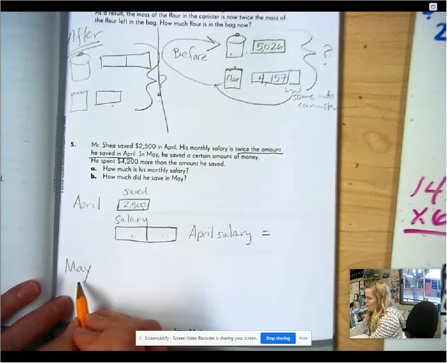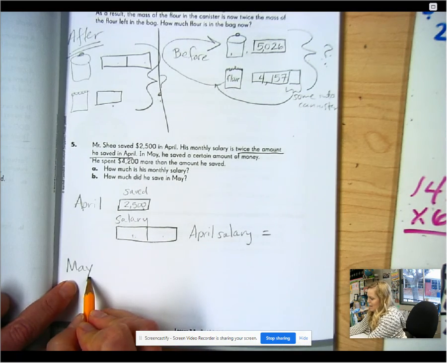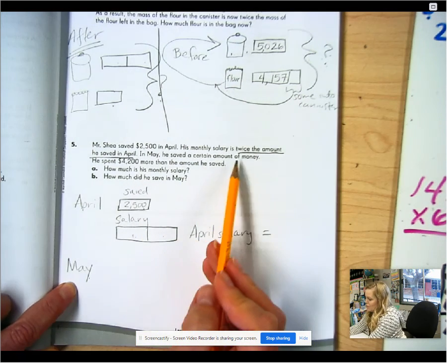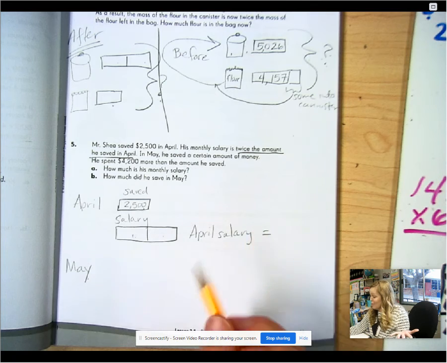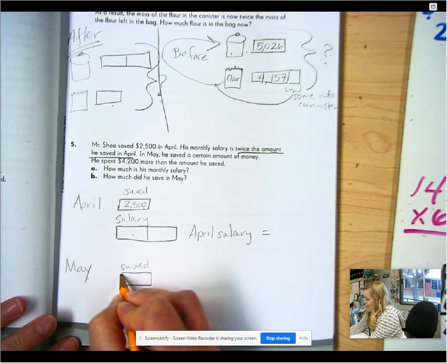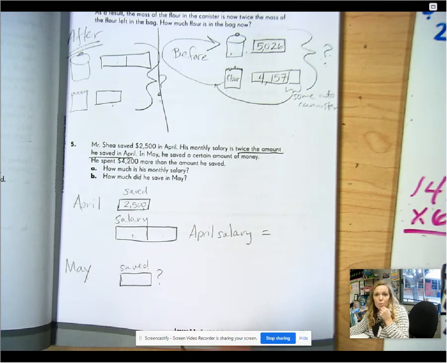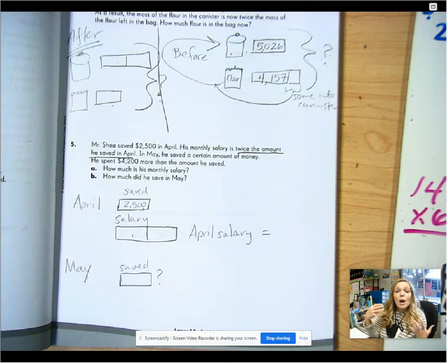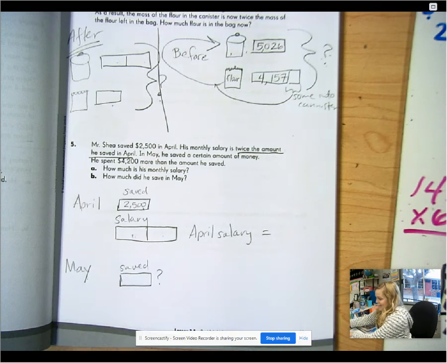Then we need to solve for May. In May, he saved a certain amount of money. We don't know how much he saved in May. Okay, so that's the big question mark. We don't know. But here's what we do know. We know he spent $4,200 more than the amount he saved.